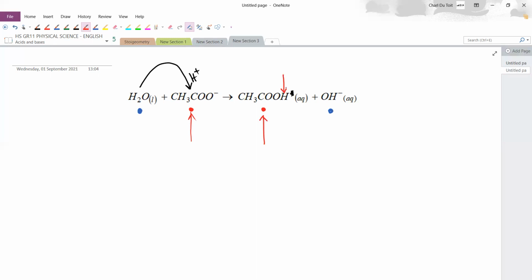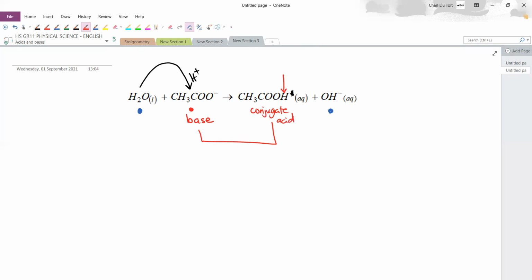It was given another hydrogen ion. You see that? So it received a proton, which makes it a base. It becomes an acid, a conjugate acid.